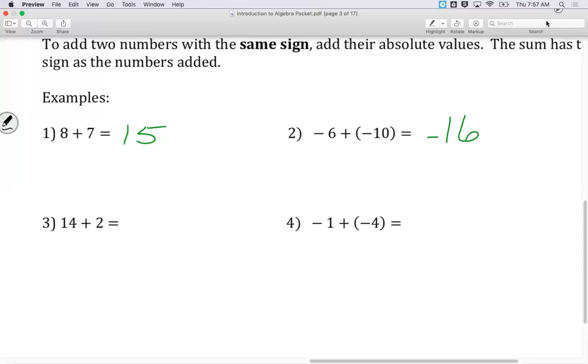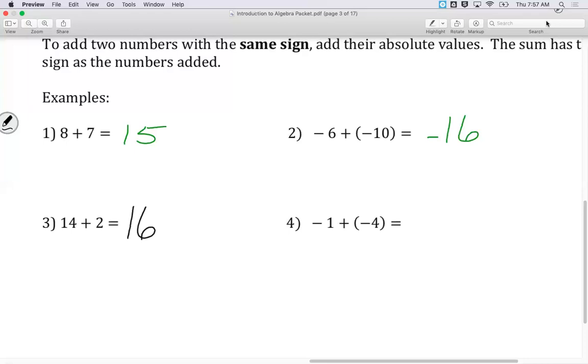How about Jordan? 14 plus 2. Nobody? Oh boy. Kanye, 14 plus 2. 16. All right.